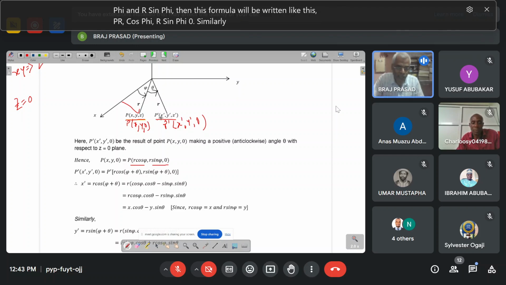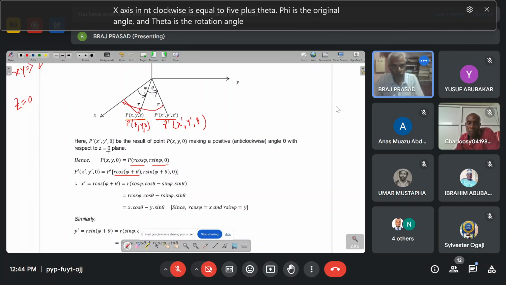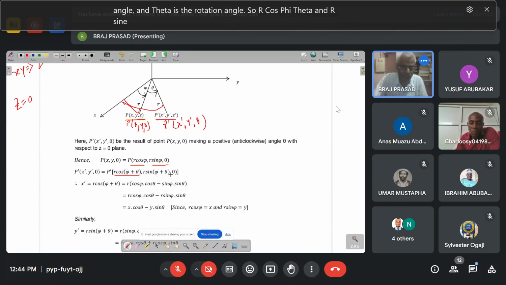Similarly, the coordinate of P dash will be written like this: r cos phi plus theta, because P dash is from the x axis in anti-clockwise equal to phi plus theta. Phi is the original angle and theta is the rotation angle. So r cos phi plus theta and r sin phi plus theta.